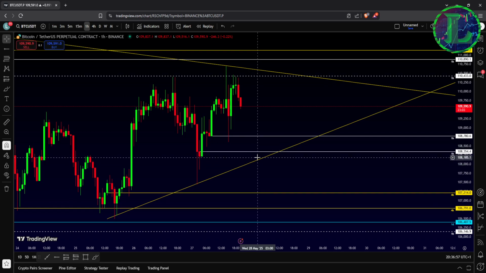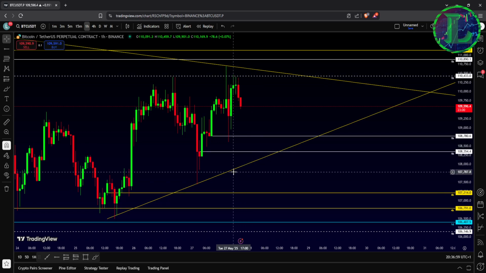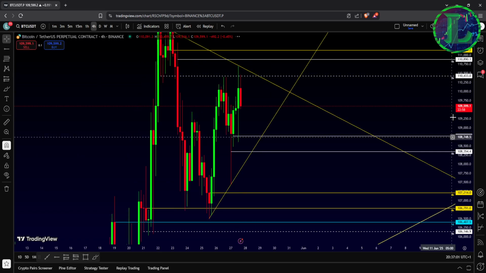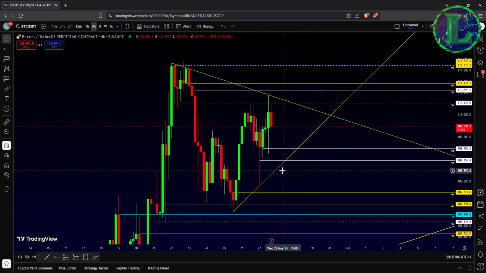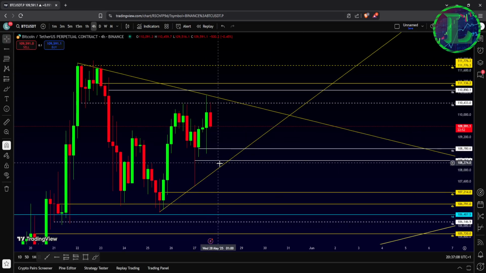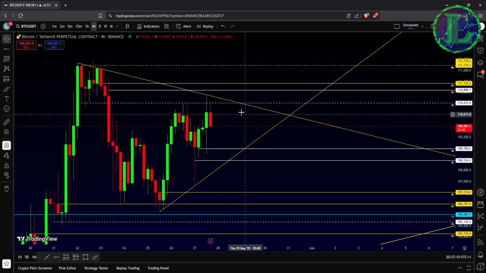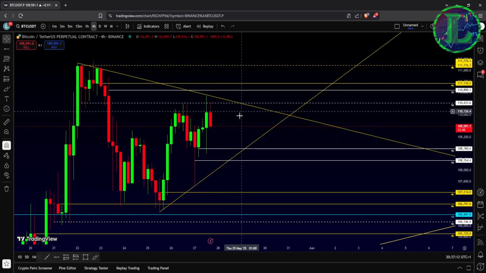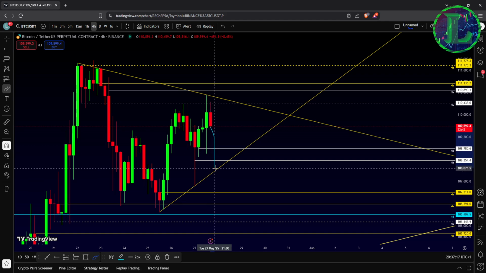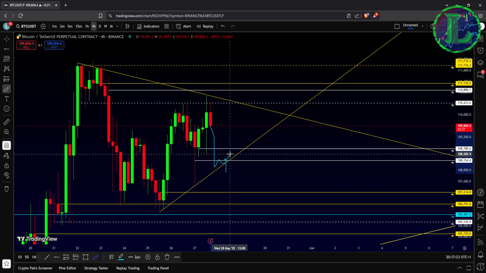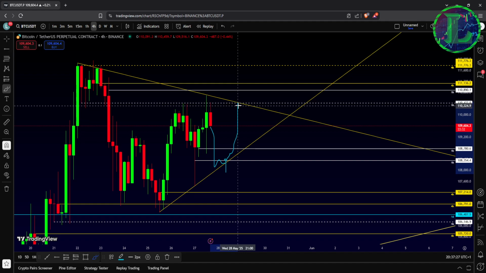Okay, what I really want is to see if this 4 hour is going to be created, and if the test creates the 4, we are probably going to try and attack this 4 again. So if we actually come down this low, or even here, it's not really important, test the trend, even break a little bit, but staying above that, we are probably going to attack one more time here.